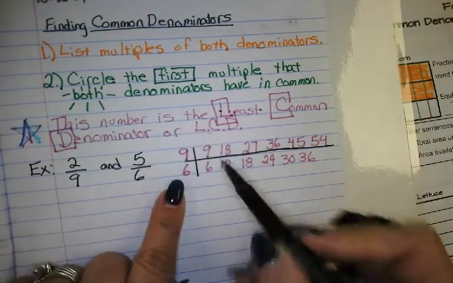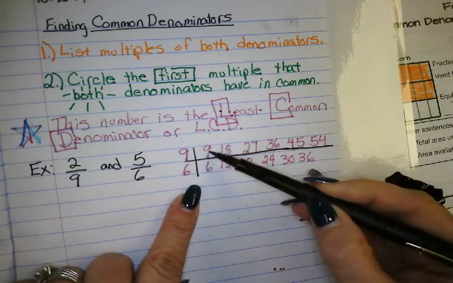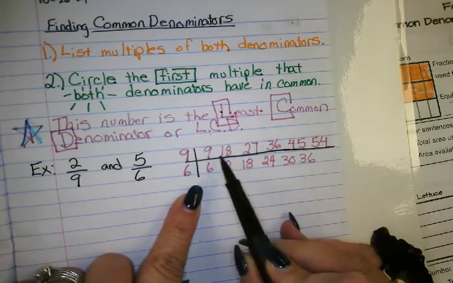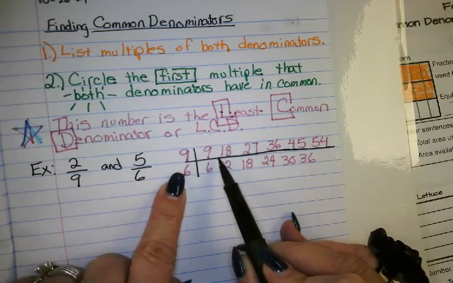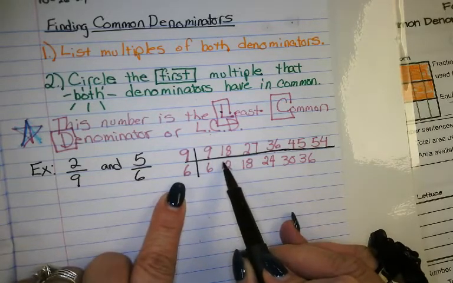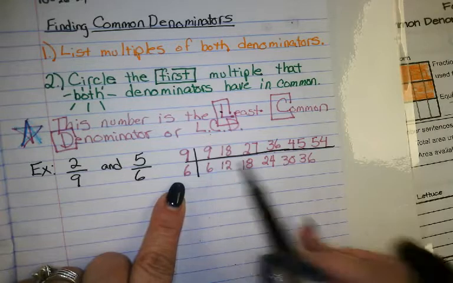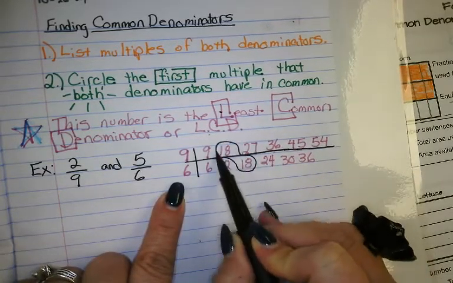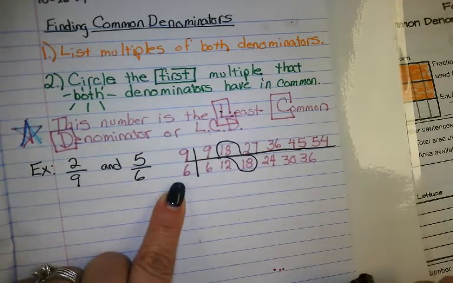So I'm going to go through my list, 9, 6, 18, 27. Oh, I see that 9 and 6 both have 18 as multiples. Would you guys agree? Yes? Yes. Yeah. Okay. So 18 is going to be our new denominator.